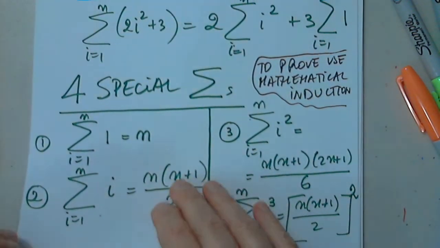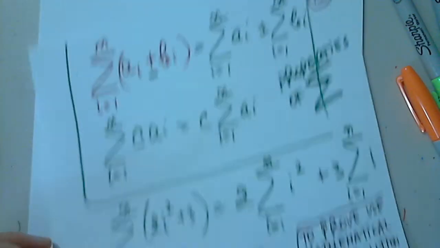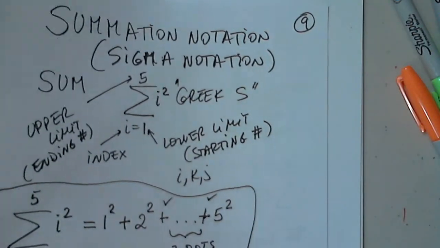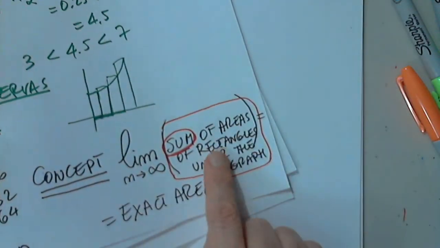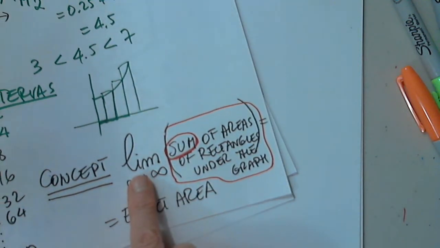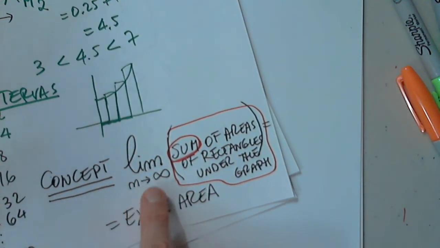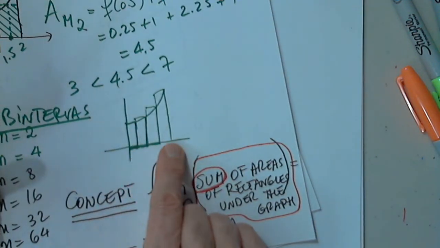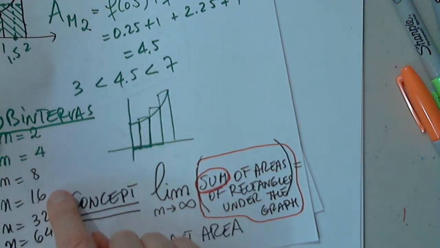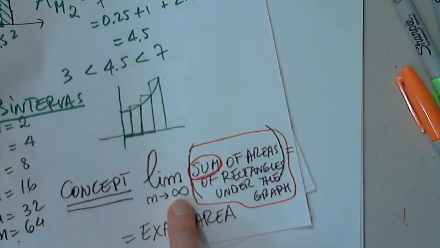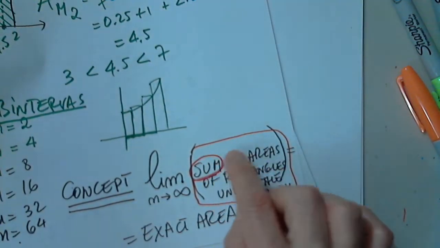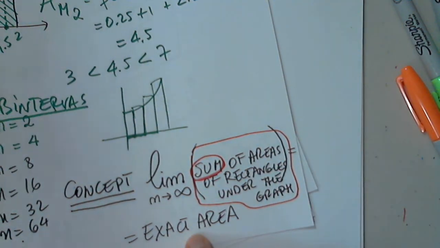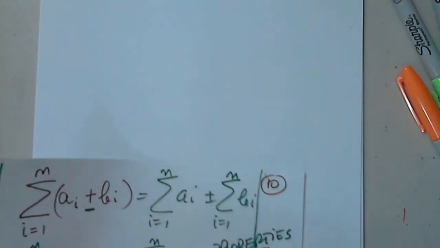Okay. So now, finally, with all this information, I can go back here. So now I'm going to talk about the limit as n approaches infinity. Remember, n is the number of subintervals: 4, 8, 16, 32, and so on, approaching infinity, of the sum of areas of rectangles under the graph. And this is the exact area. So now, which page am I on? I'm on 11.